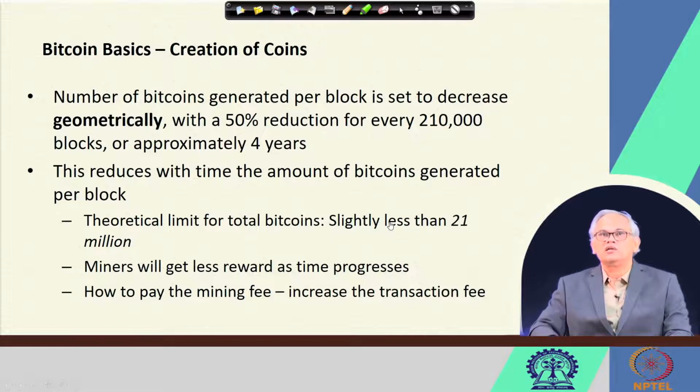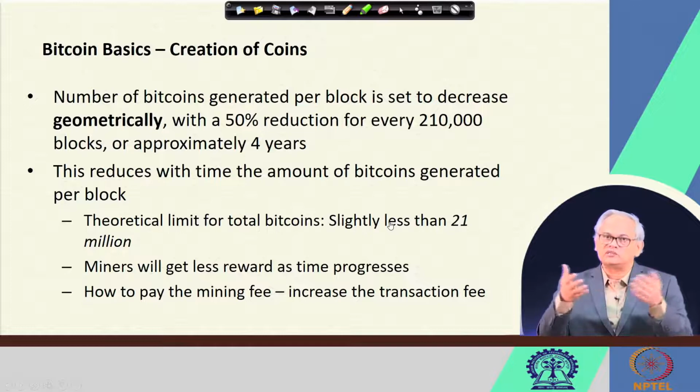So, as is mentioned here, the number of bitcoins generated per block is said to decrease geometrically, with a 50% reduction for every 210,000 blocks, which takes approximately 4 years. You can roughly calculate based on 10 minutes on average for creating a new block, and for generating 210,000 such blocks, you will take roughly about 4 years.